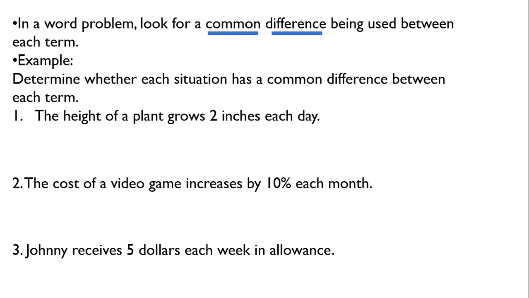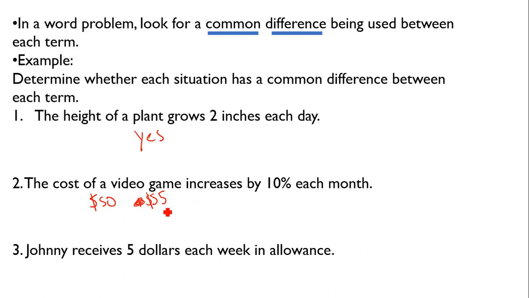So the height of a plant grows 2 inches every day. If it's growing 2 inches every day, it could be 8 inches, 10 inches, 12 inches, 14, and so on. So yes, this one does. The cost of a video game increases by 10% each month. Let's say it's $50. 10% of 50 would make it $5 more, so $55 next month.